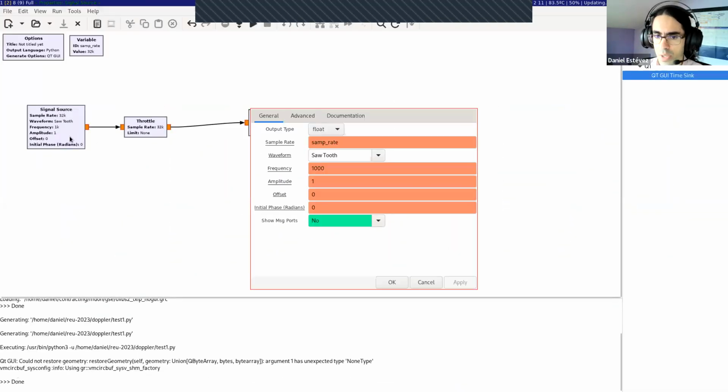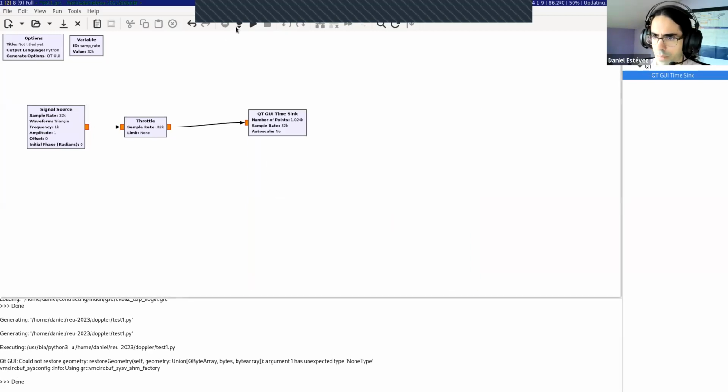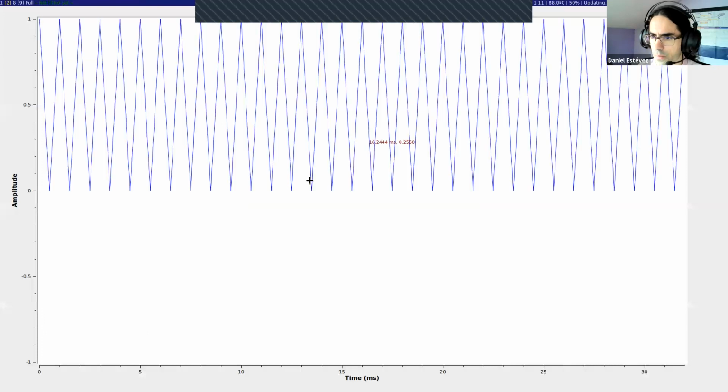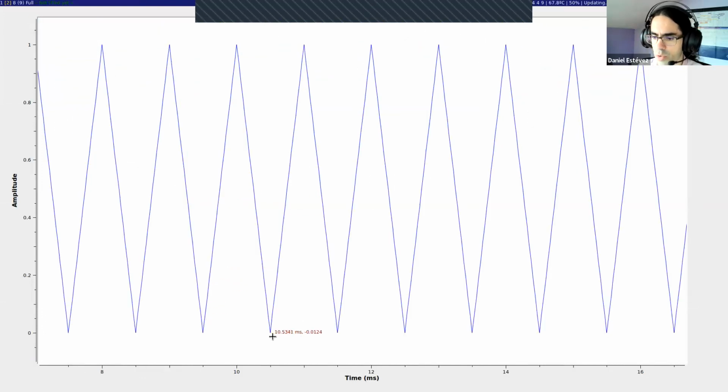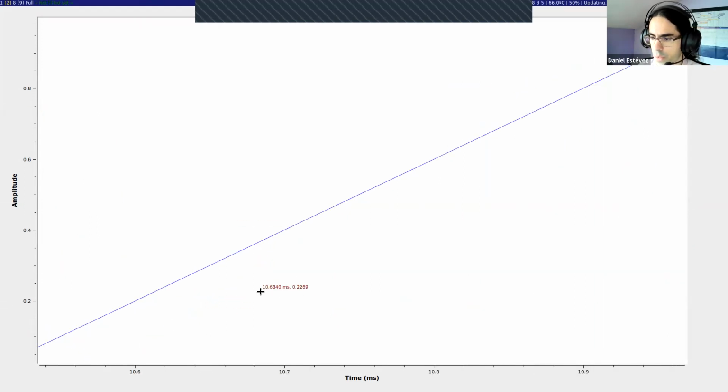Just for completeness, let me show the triangle. So the triangle is similar. The difference is how it backtracks. So this increases linearly at a constant rate. And then when it reaches the amplitude, it decreases at the same rate. And we could also use a triangle since we are only going to use this part of the curve.